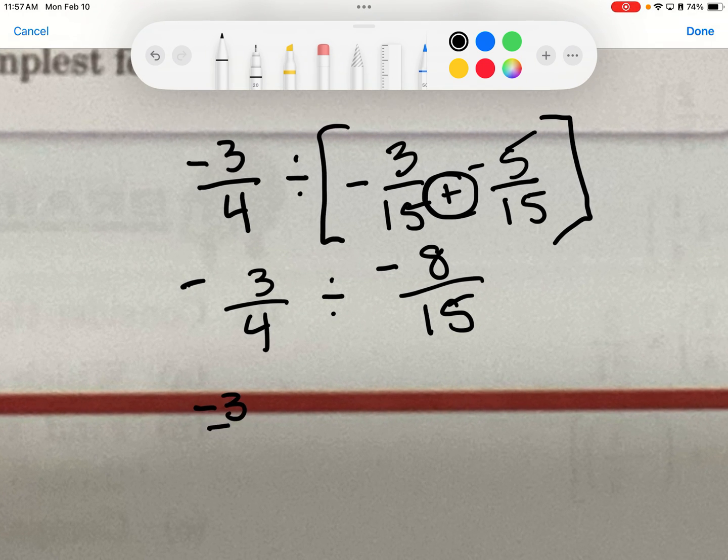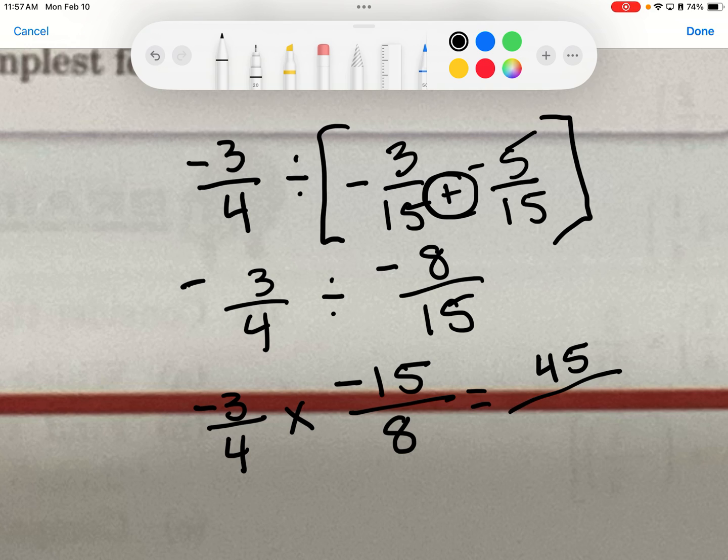Negative 3/4 times negative 15/8. And then we can, oh wait, no, we can't cross-cancel. 3 times 15 equals 45. A negative times a negative gives a positive number, so 45 over 32.